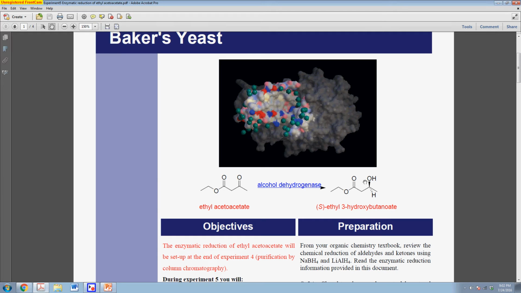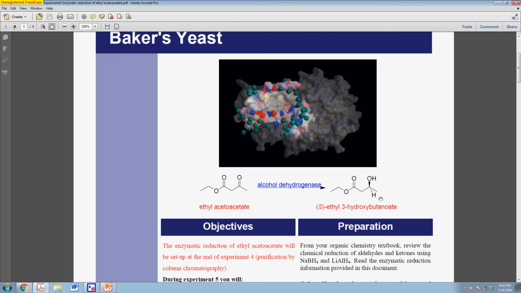So most reactions that happen in biological systems are going to be chiral reactions, that even if you start out with an achiral substrate, you're going to get a chiral product out. And that is absolutely the case in this system.